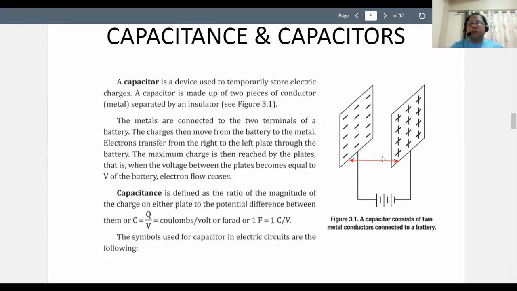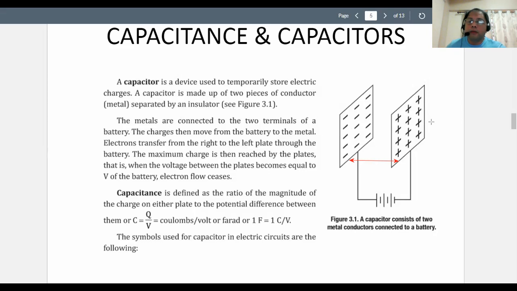Now, this separation here is obviously so wide. And if our actual capacitor were like this, we may not be able to create a very good capacitor device because you will occupy a lot of space if you are constructing capacitors with a really significant distance.